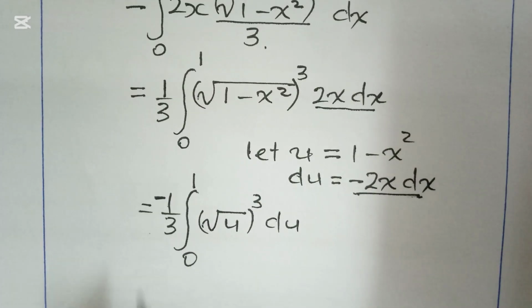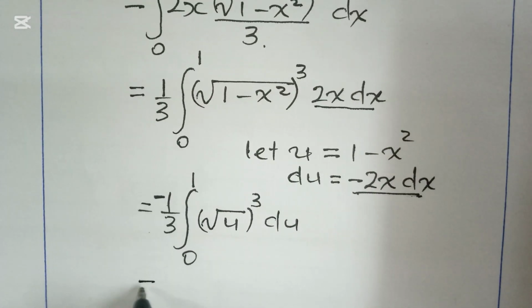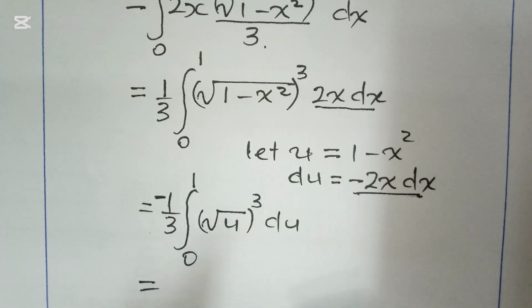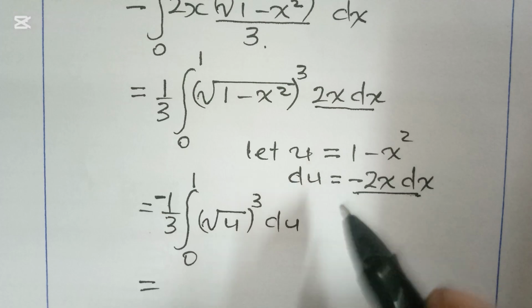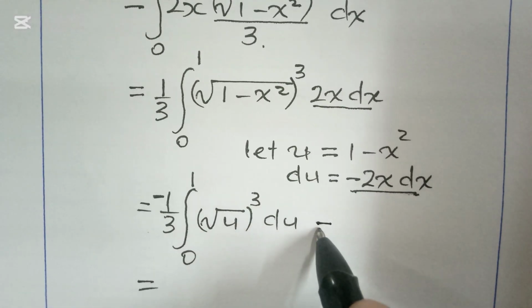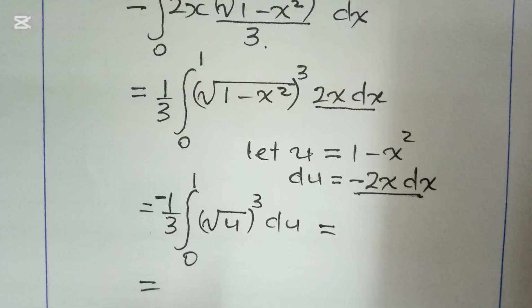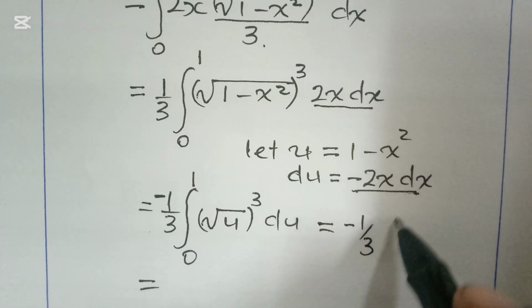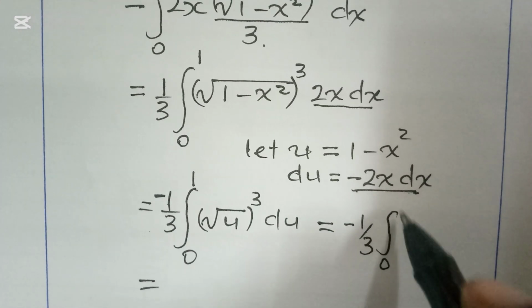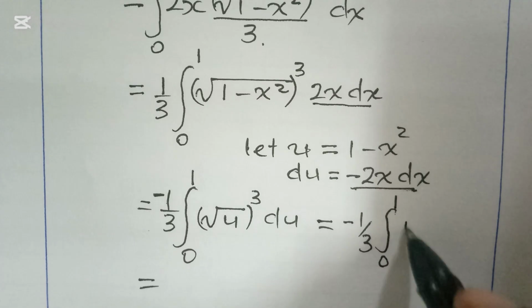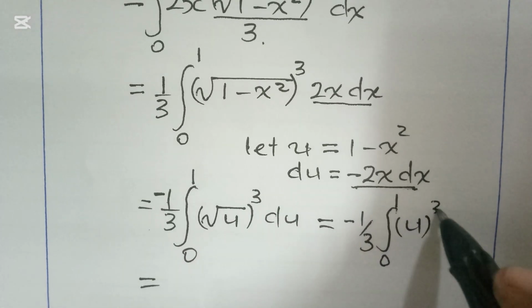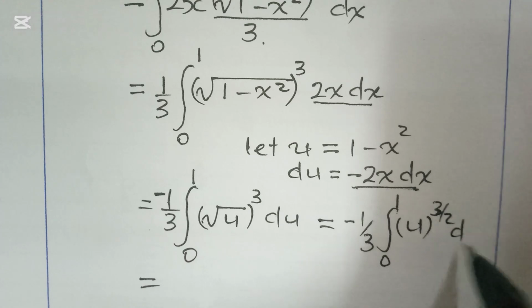From there we continue. We can now integrate that. If we integrate that, we are going to have negative 1 over 3 integral from 0 to 1 of u raised to 3 over 2 du.